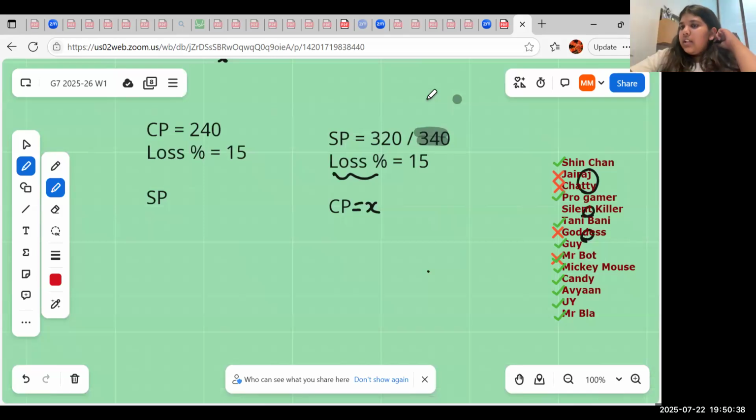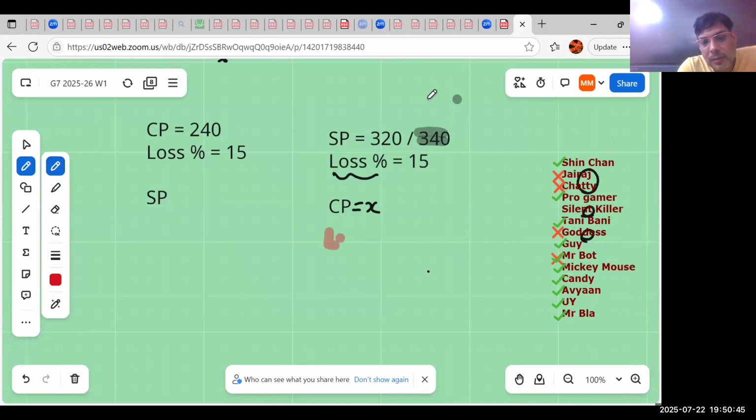So 15 upon 100x. So loss will be 15x upon 100.